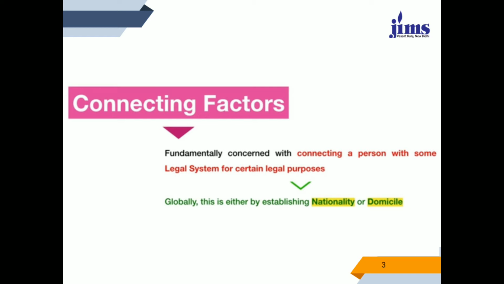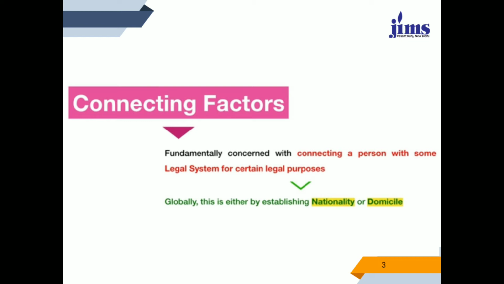You might have learned that everyone is under the law and has to abide by it, and in order to be affected by that law, one must be connected to some legal system.